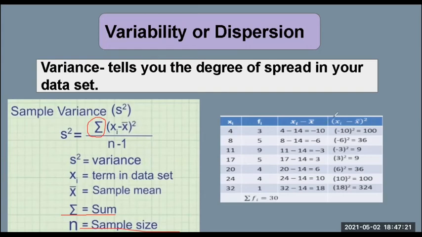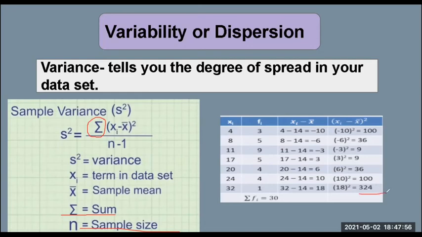So let's try to solve. This data is the one that we're going to solve. So this is our mean. If you square it, negative 10 squared will be 100. Negative 6 squared will be 36. Negative 3 squared will be 9. 3 squared, 9. 6 squared, 36. 10 squared, 100. 18 squared, 324.